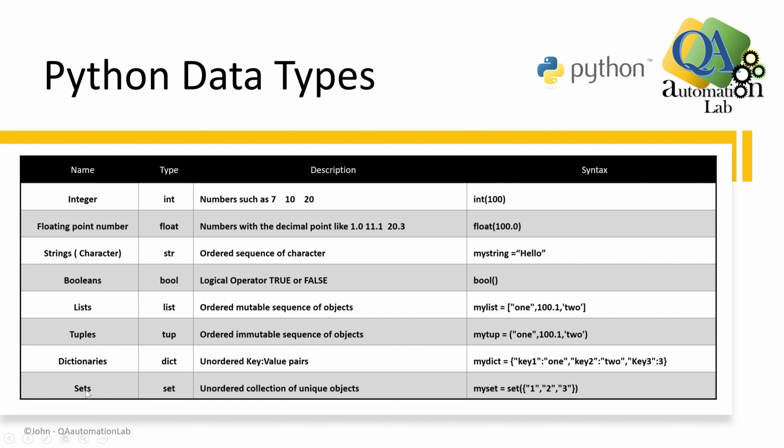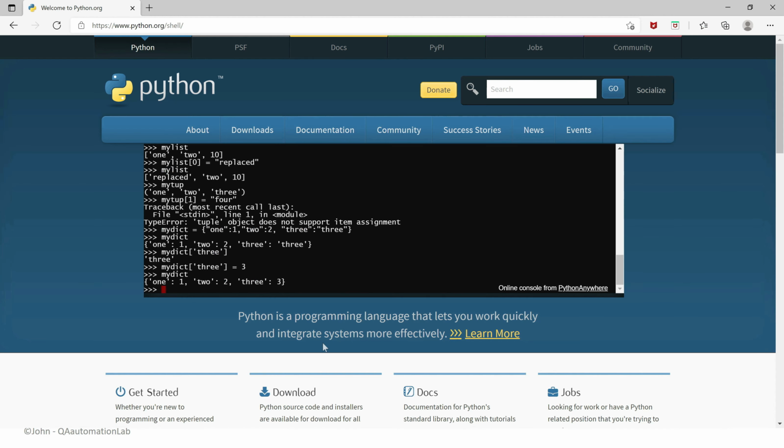The last one is sets. Let me show you how it will have only unique objects. Let me create another list. We'll mention 1 two times, 2 two times, 3 three times, 4 two times.